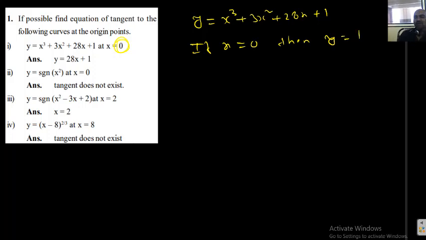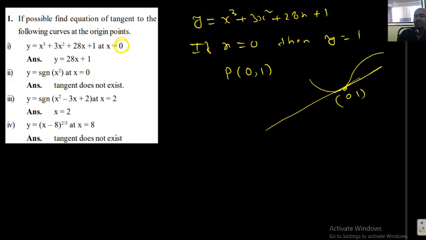The point P is (0, 1), on a cubic graph, not quadratic. At this point (0, 1), we want to find the equation of the tangent. So what is the slope of this straight line? That is nothing but LHD or RHD of this function at the particular point, that is f dash of 0, that is the slope, that is LHD, that is nothing but RHD.